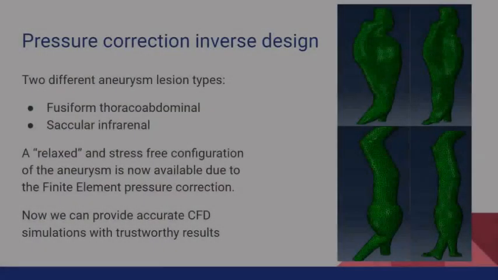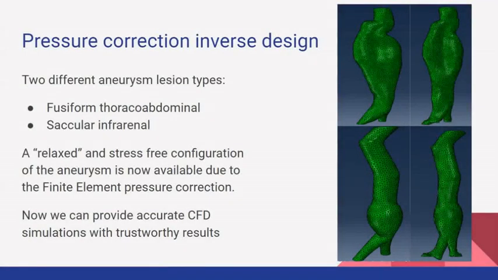After the finite element pressure correction, the inverse design has left us with the aneurysm model that provides us with the trustworthy parameters and boundary conditions for the computational fluid dynamics simulation.